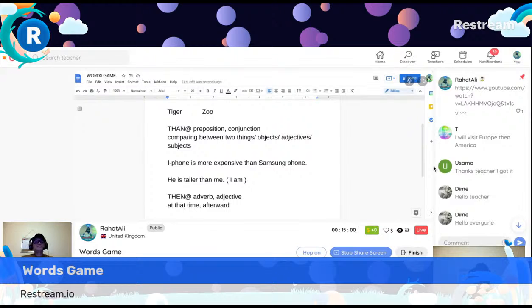So the first words are tiger and zoo. So guys, make at least one sentence, or if you write more than one sentence, that will be great.